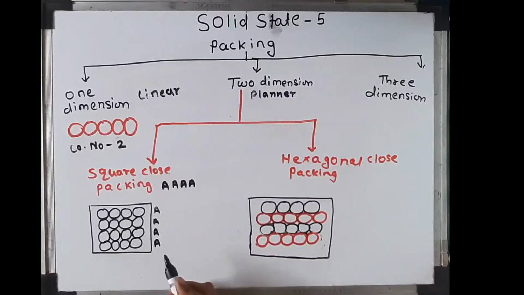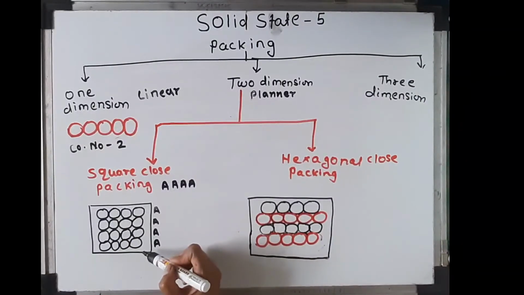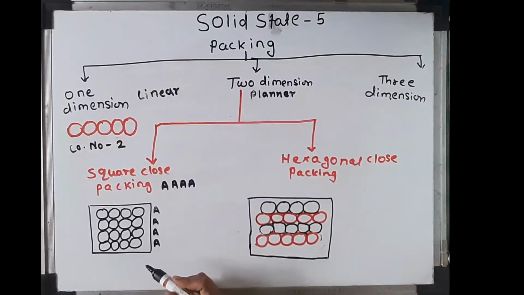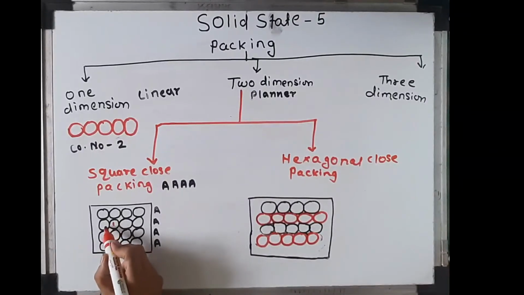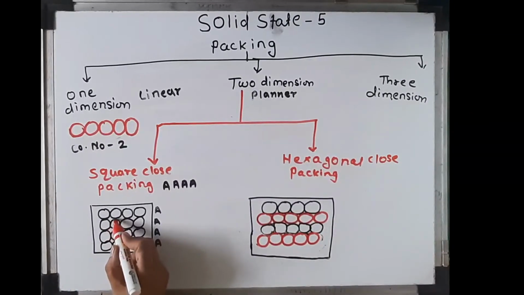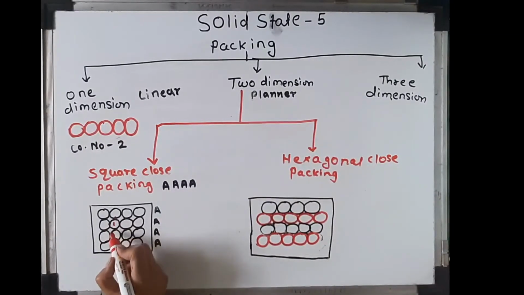Every sphere touches four neighboring spheres. Look at this. If we consider this sphere, it is touching another four spheres, 1, 2, 3 and 4.